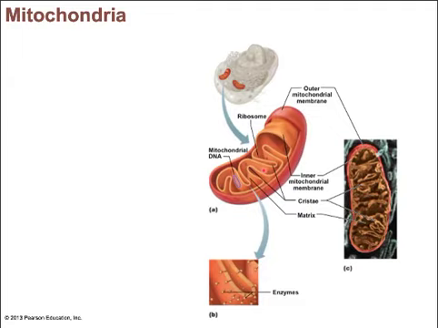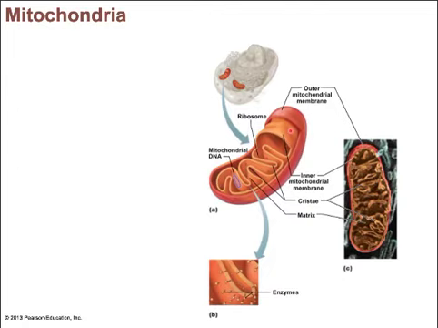The electron transport reactions happen in the inner mitochondrial membrane, right? And the buildup of protons from the electron transport chain that ultimately drives the production of most of the ATP happens in the inner membrane space between the outer and the inner membrane.